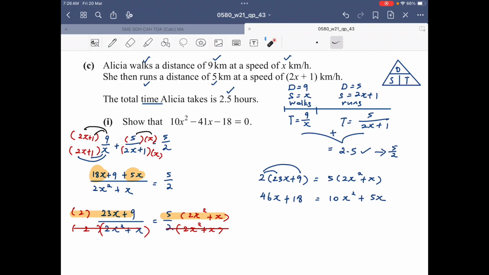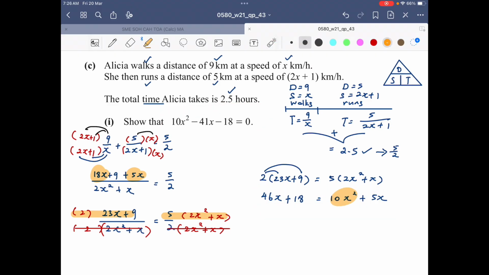Right, so this is what we have. If you compare this to this, we have the same thing here, right? 10x squared and 10x squared. But the rest, no, not really. So each one of the sides has to be 0.